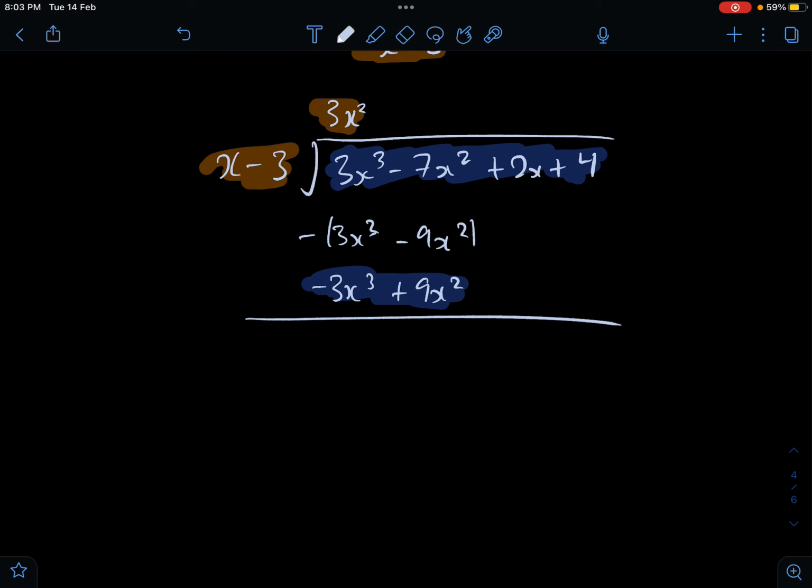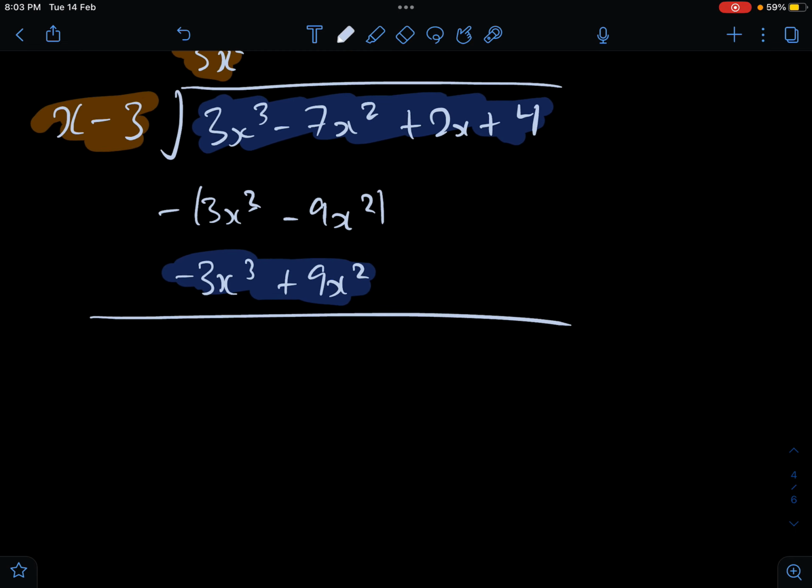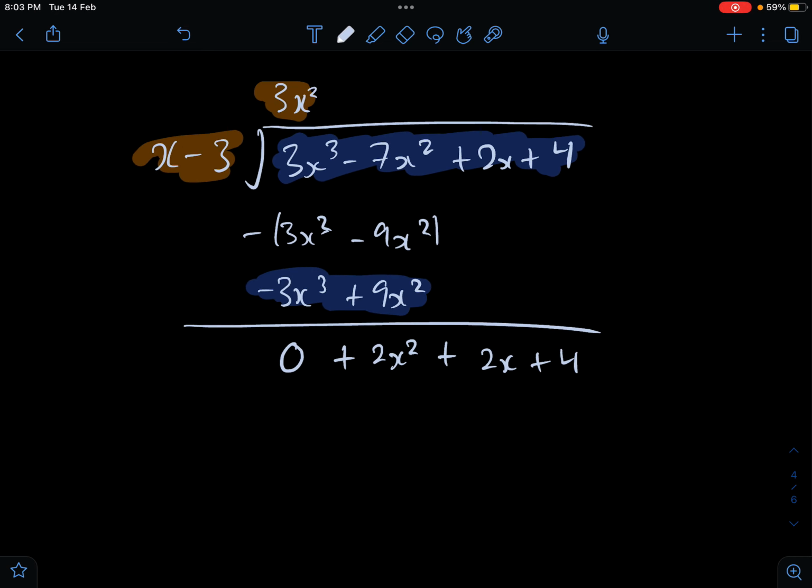Negative 3x cubed plus 3x cubed is 0. Just put it there for a placeholder again. 9x squared minus 7x squared is 2x squared. And then you just bring the rest of it down. And now erase the 0 again.